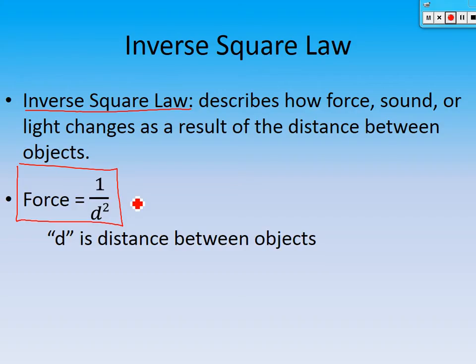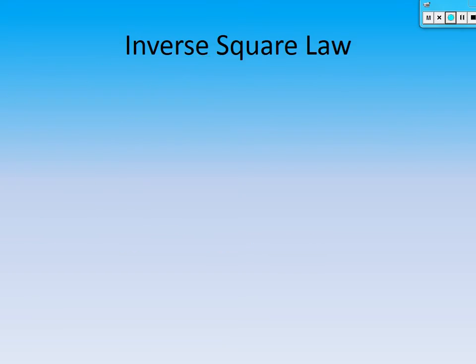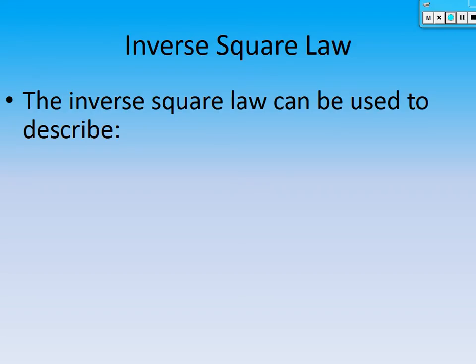Why is it called the inverse square law? Well, inverse is 1 over something, and squared is we're squaring the distance between them. We're going to use this law a lot in this chapter, so let me give you an introduction. The inverse square law can be used in a lot of different applications in science.